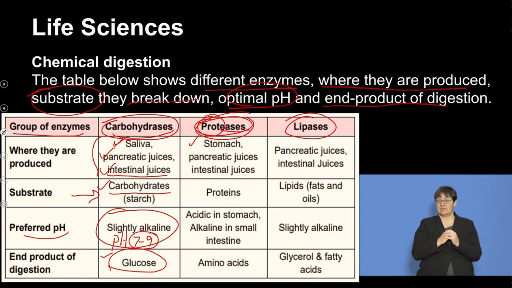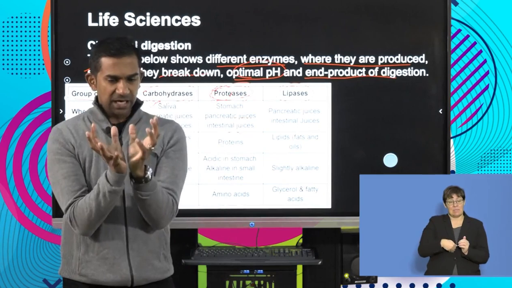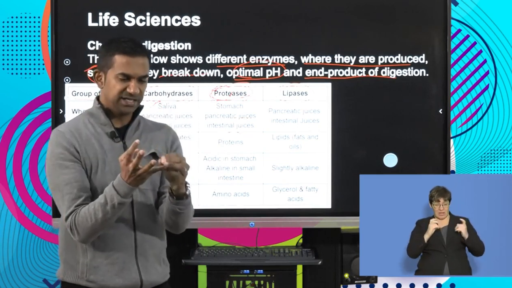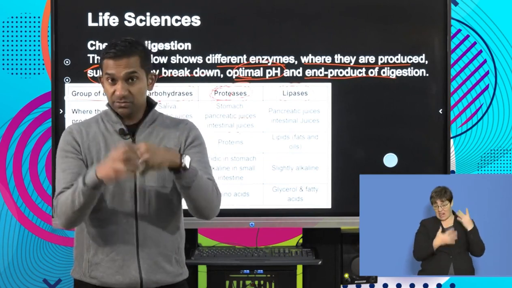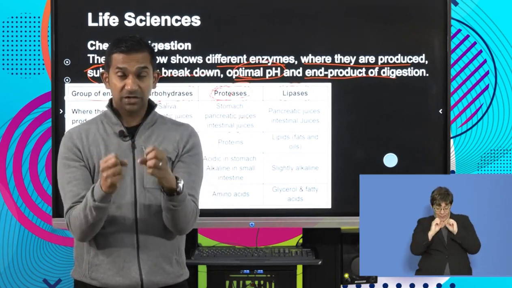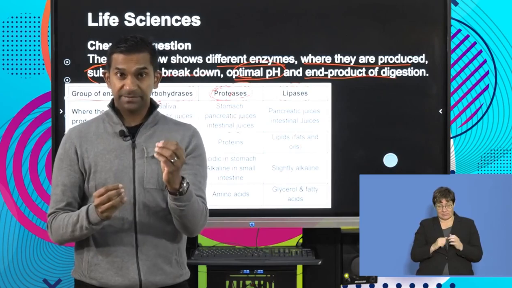We also see that the pancreas produces some important protein digesting enzymes, along with the intestine producing enzymes that are responsible for protein digestion. The substrate that all of these target would be proteins, and so we find that in the stomach, the large protein molecules, so your beans, your meat, your fish, your steak, are mixed with the digestive juices and then broken down into smaller polypeptides.